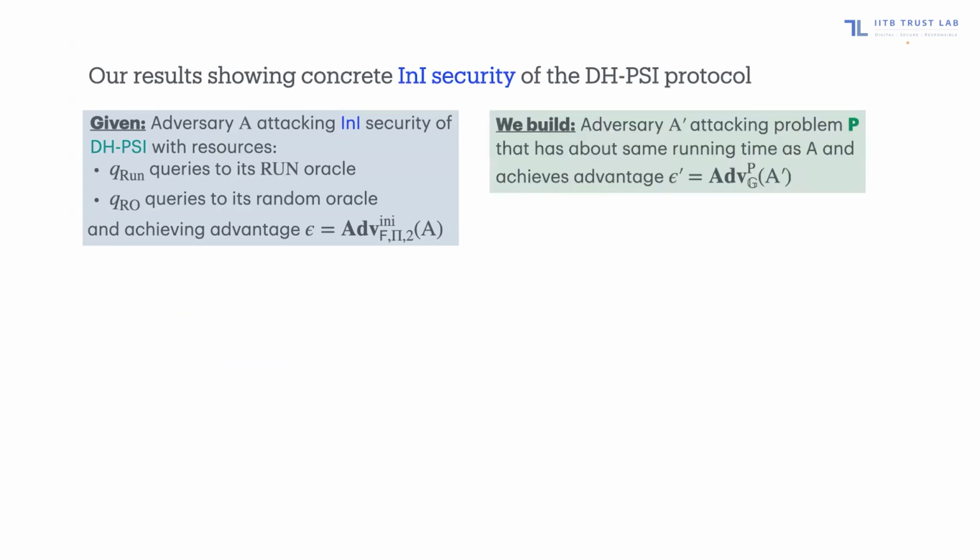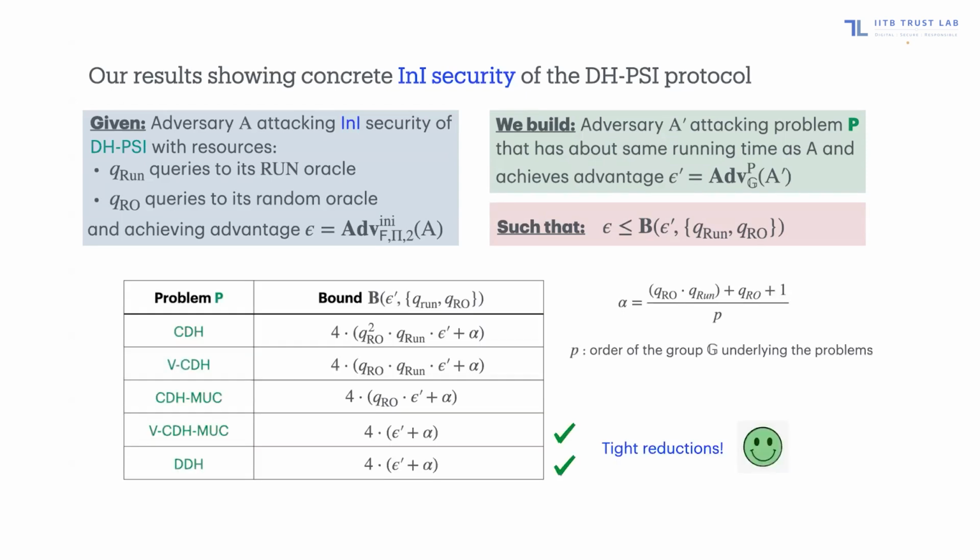Using this is an adversary A prime, which is attacking the underlying problem P, which has about the same running time as A, and achieves some advantage epsilon prime, such that the advantage of adversary A is bounded by a function of advantage of adversary A prime and the resources that it used. And these are the results that we got.